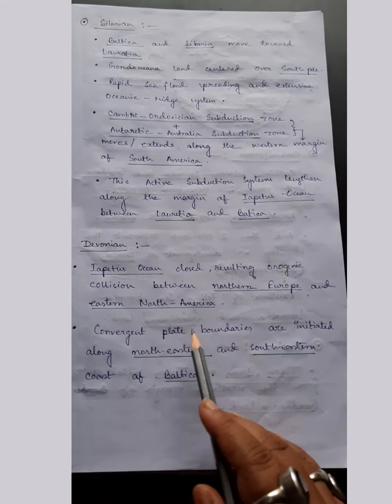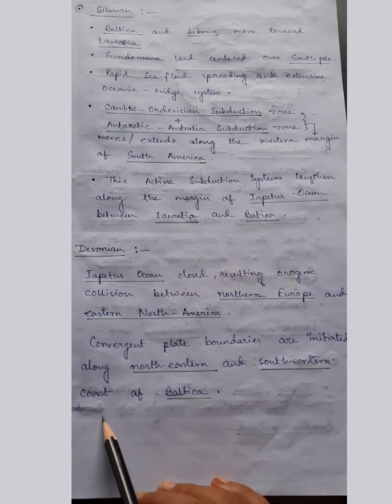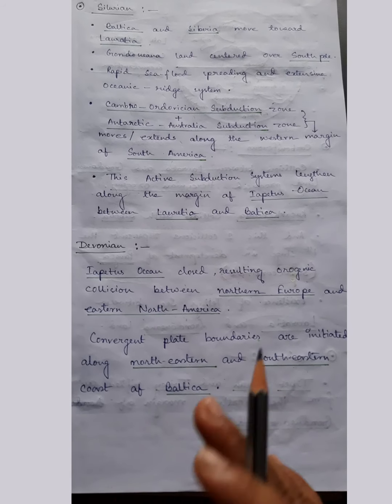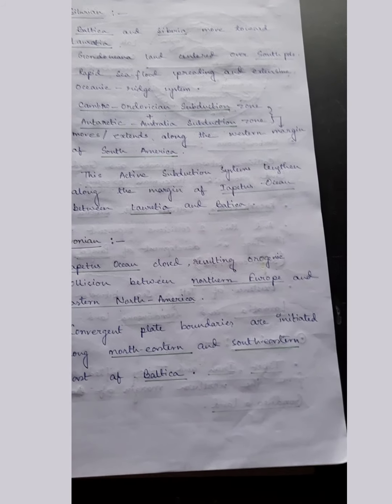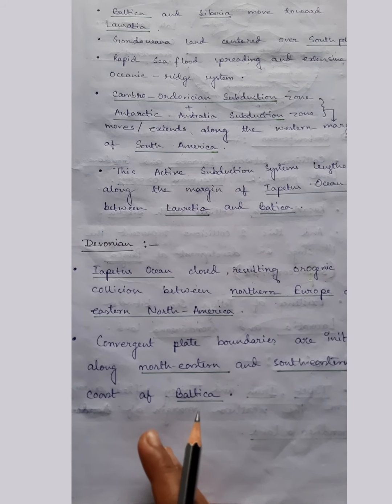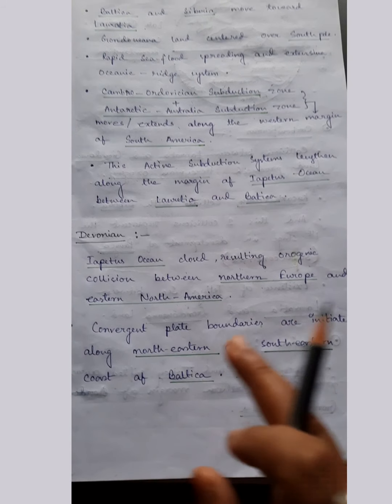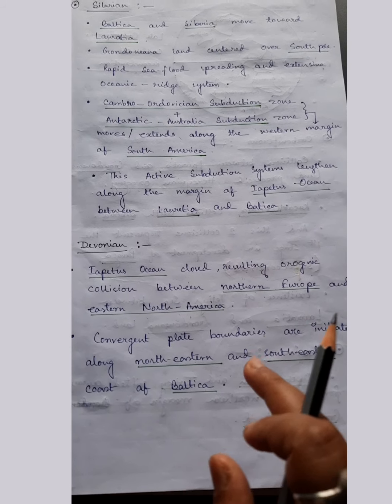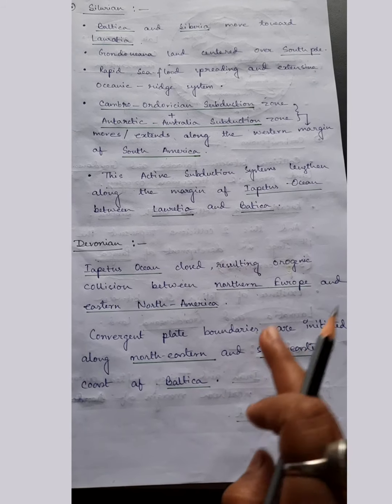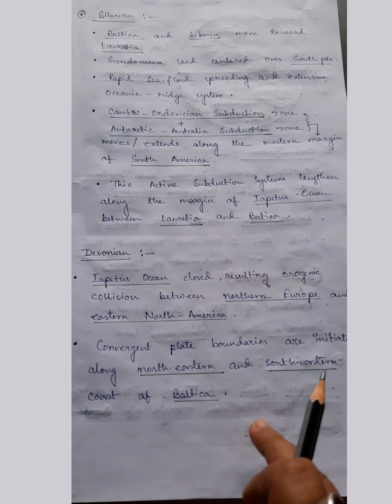And another convergent plate boundary initiated along the northeastern and southeastern coast of Baltica. That means in the late Cambrian and Ordovician periods, we have already seen a convergent plate boundary on the western coast of Baltica, and in the Devonian period another convergent plate boundary was created along the total eastern side, the northeastern and southeastern part of Baltica.